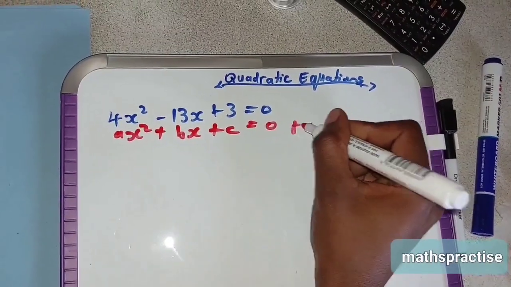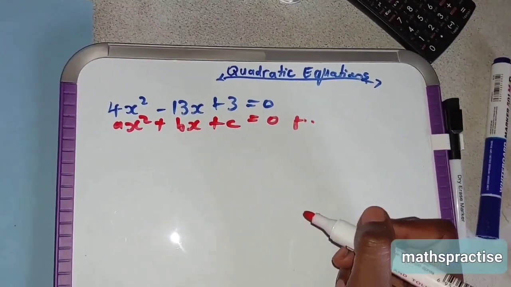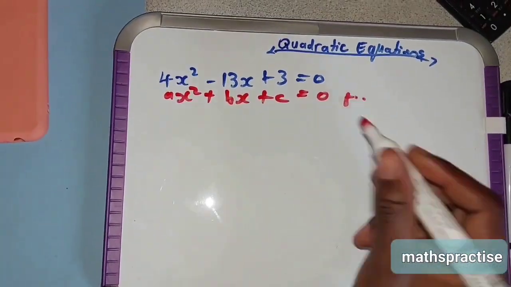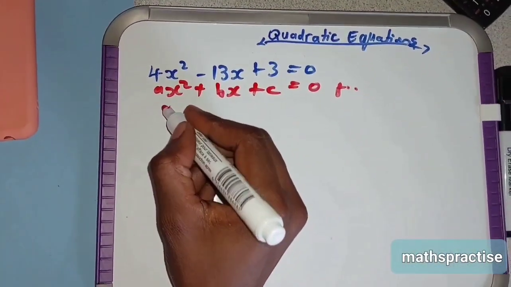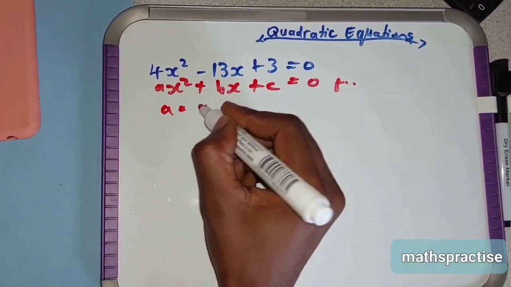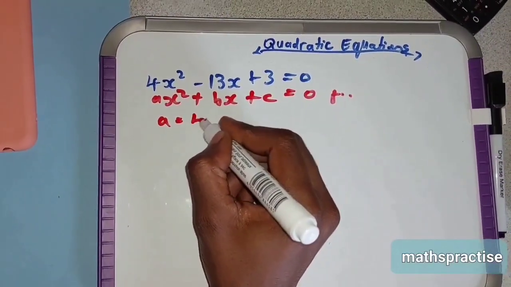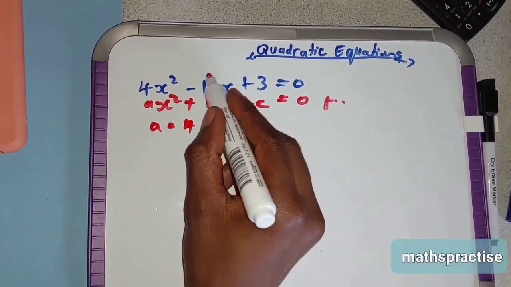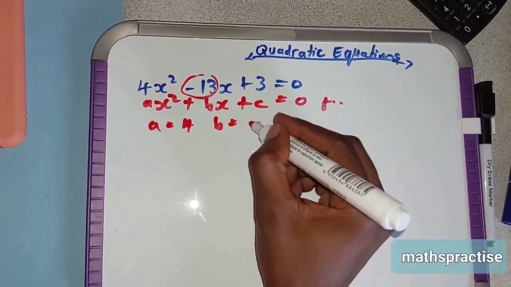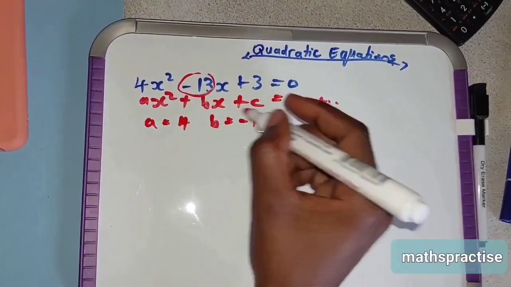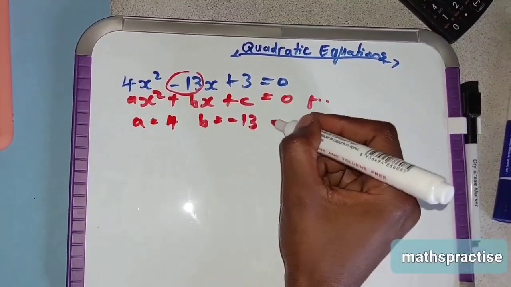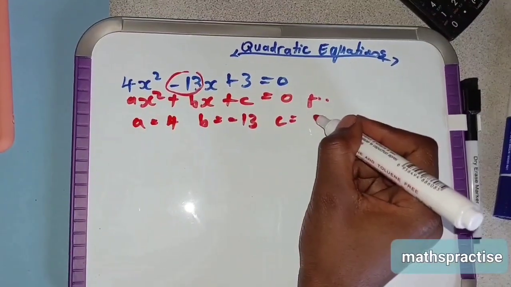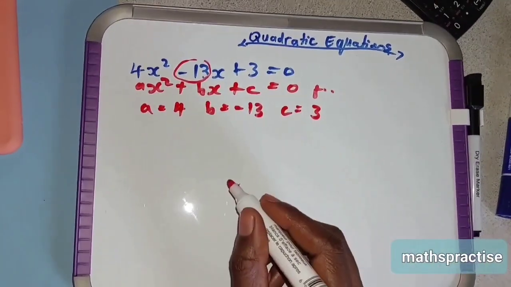This is how we identify the values of a, b, and c. So a is going to be equal to 4, and b, we take this whole coefficient, is equal to minus 13, and c is equal to 3, right?